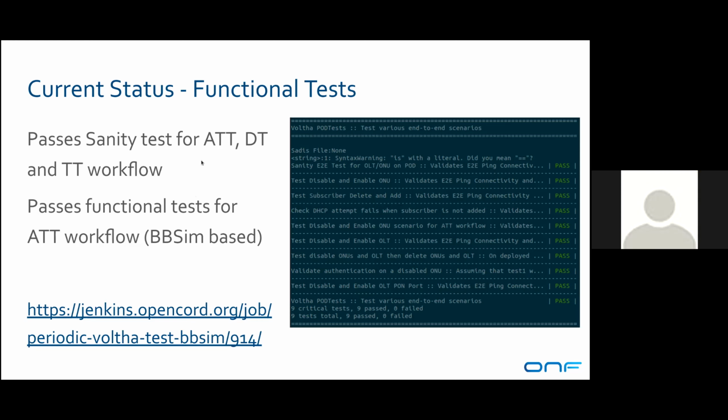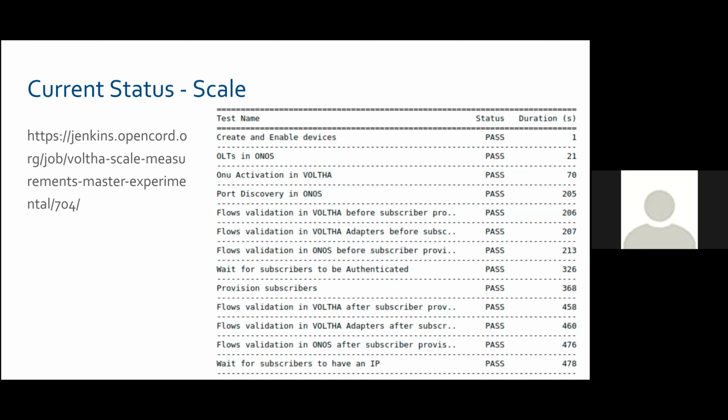Matteo, sorry to go back to the previous slide for one more question. Could you explain how many port discoveries there are? When you say ONU activation, how many ONUs are there? This is with 1,024 ONUs. Each ONU has 4 UNIs, but only one UNI is enabled on each ONU.